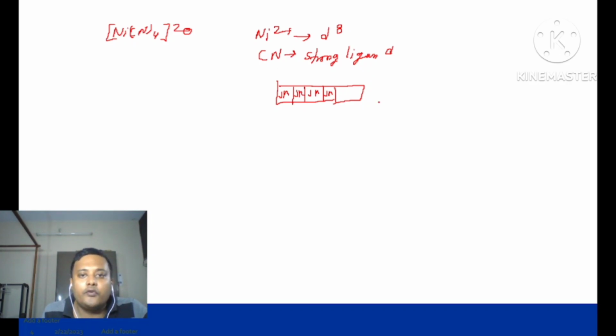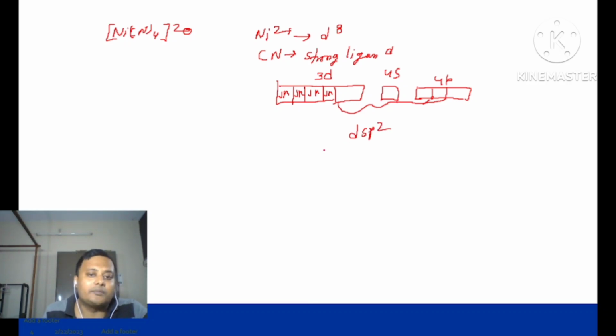How many ligands? 4, so 4 boxes: one from 3d, the 4s, and the 4p. So the hybridization is dsp2, which means square planar. And in that case no unpaired electron, so diamagnetic.